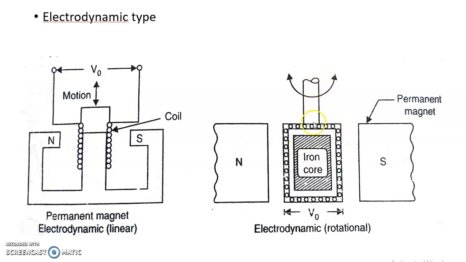Now as the shaft moves, the coil also moves in angular direction. The coil also rotates, and therefore the voltage is induced in the coil. Similarly, here also the induced voltage is directly proportional to the rotational velocity of the coil. So here the velocity is measured in terms of voltage induced in the coil.